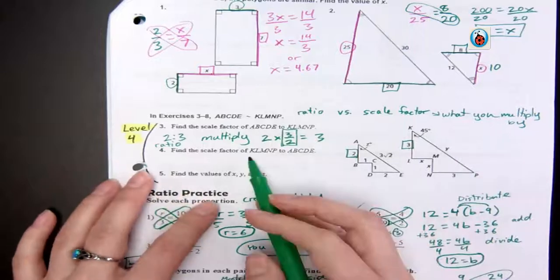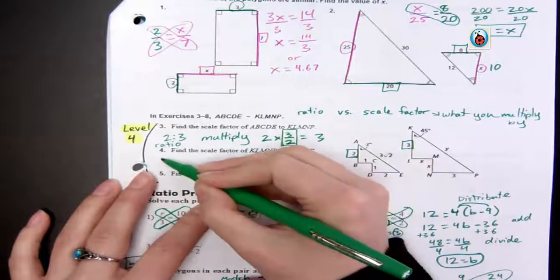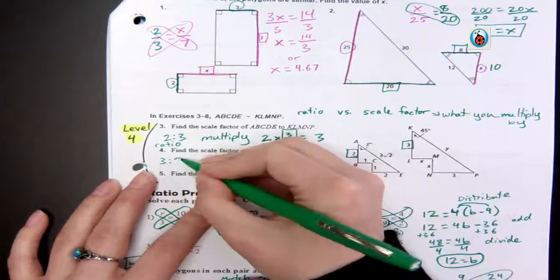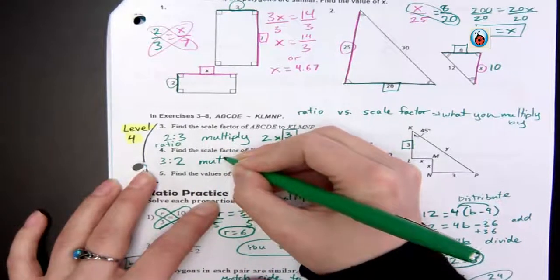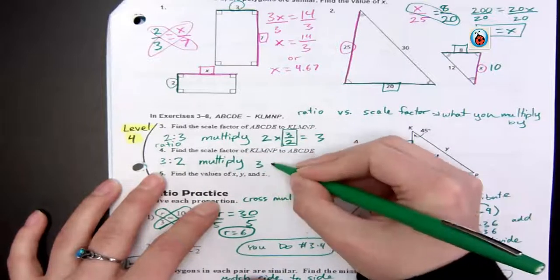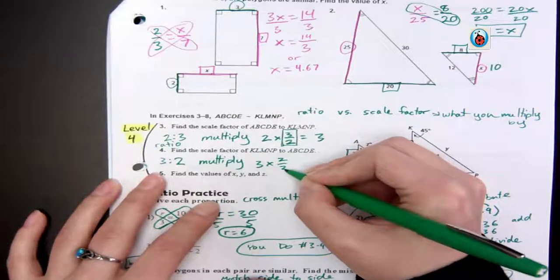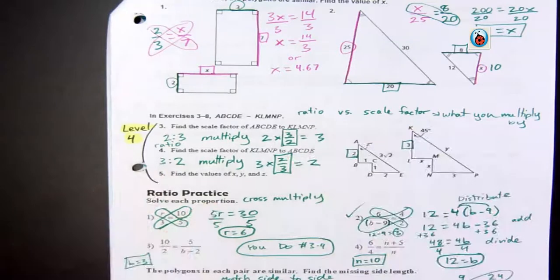So then if we're going the opposite direction, if I'm setting up the ratio, I'm saying, okay, well this is 3 at the same time that this is 2. But when we do our multiply step, we say we'd multiply 3 times 2 over 3 to get the 2. And so my scale factor is 2/3.